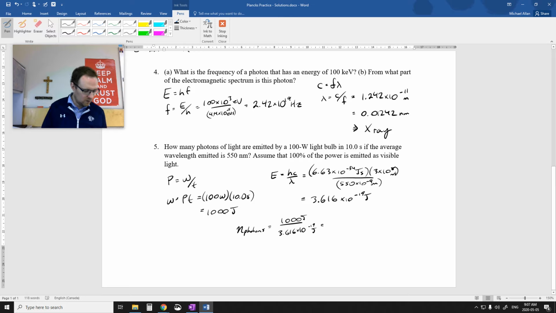You're always going to get a gigantic number of photons out of this kind of calculation. So in this case, I get 2.77 times 10 to the 21 photons. Yeah, it's quite a big number there.